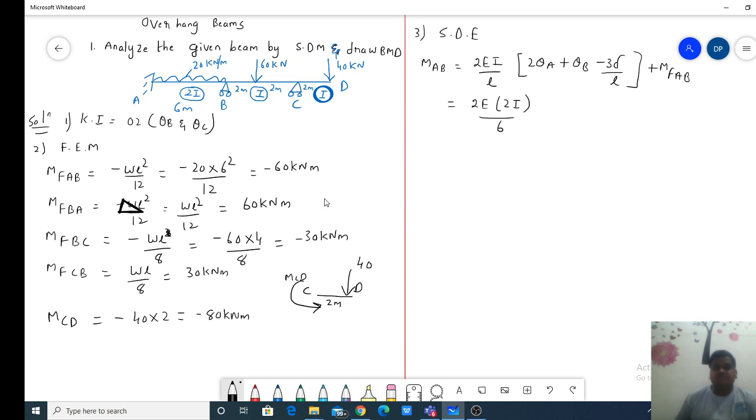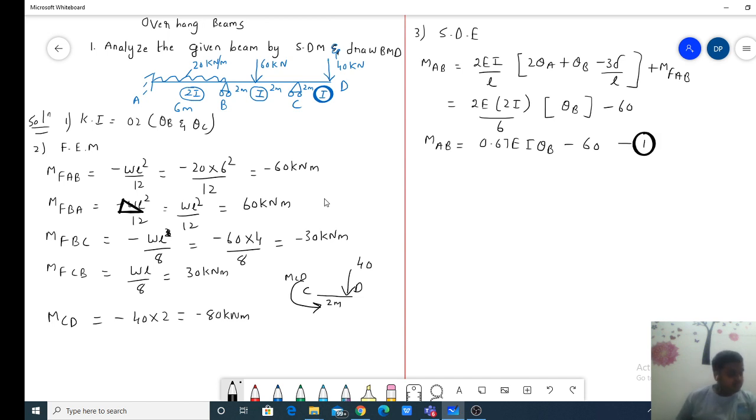L is 6 meter, theta A is 0 and only theta B is there. Delta also is 0 because there is no sinking. So this is minus 60. After solving, MAB comes out to be 0.67 EI theta B minus 60. I will call this equation number 1.